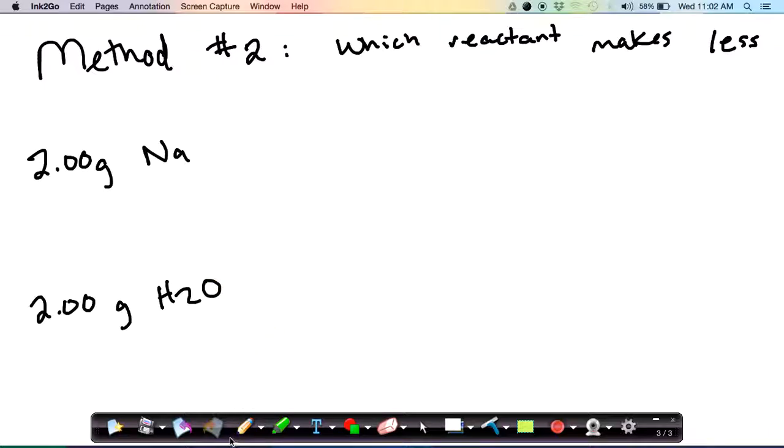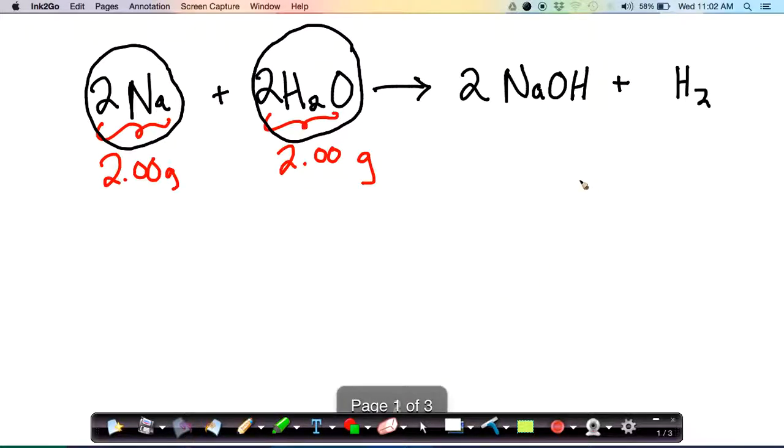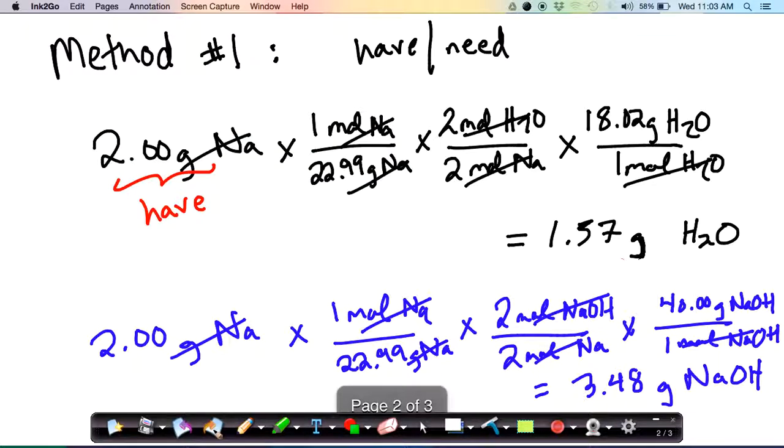And we're going to convert, using stoichiometry, each of those masses into the mass of one of the products of this chemical reaction. Now, it doesn't matter which one we use. We could calculate the mass of sodium hydroxide produced from each of the starting reactant masses, or we could calculate the mass of hydrogen from each of the starting reactant masses. It does not matter. But since we already did a calculation with sodium hydroxide in method 1, let's choose sodium hydroxide.